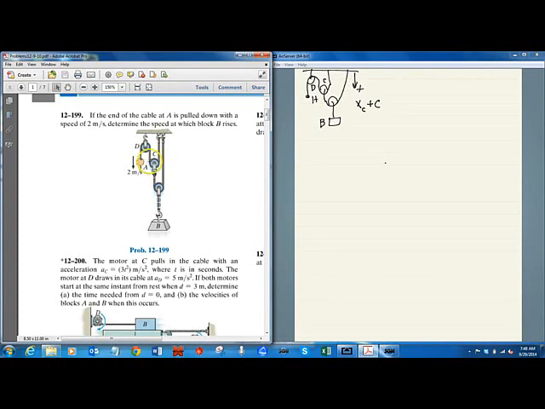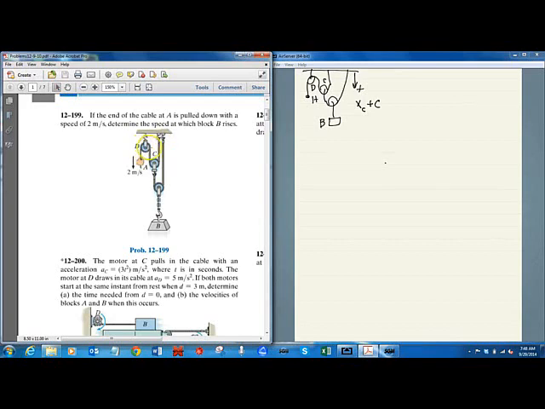Okay, how about the length of rope between here and here? How long is that rope? C plus D? Is D fixed or is it moving? It's fixed. Are you sure? D is in dog. Absolutely, because if you notice, the distance between here and here is tied down, right?